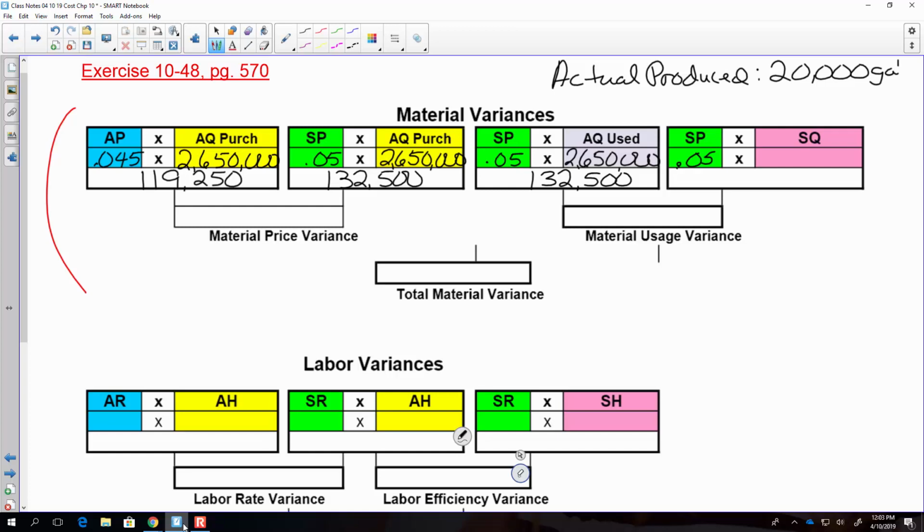How many ounces in a gallon? 128. Yeah, 128 ounces. But my SQ has to be in ounces as well, right? And I multiply by a price per ounce, so I have to have my SQ in the same unit of measurement.